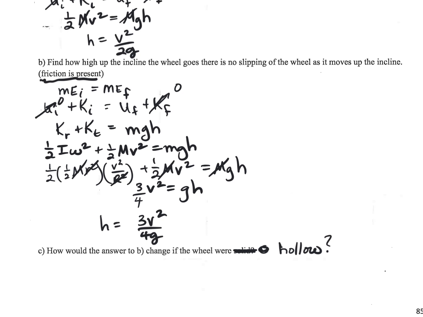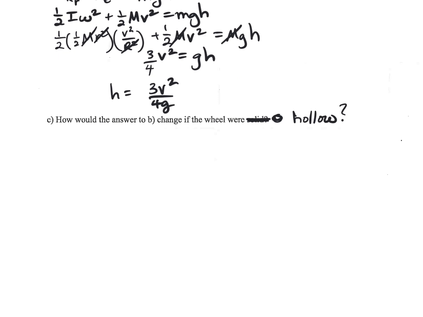What's the only thing that's going to change here? I for the hollow is going to be what? What is inertia for a cylindrical hoop? It's mr squared, isn't it? So I becomes mr squared instead of 1/2 mr squared.